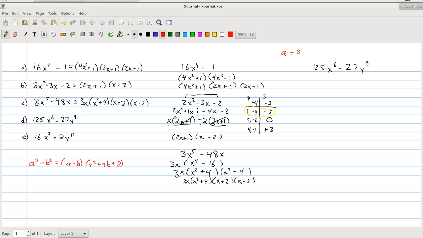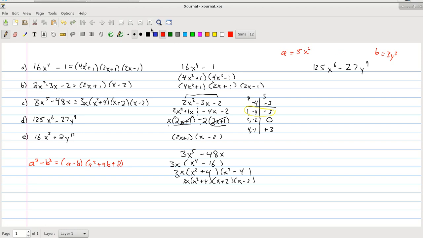So a must be 5 x squared, because if you cube 5, you get 125. If you cube x squared, you get x to the 6th. B is the quantity that when cubed gives you 27 y to the 9th. So b must be 3 y to the 3rd.